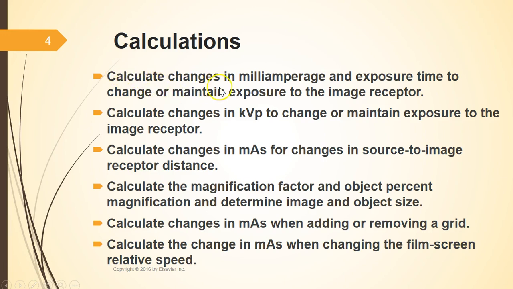You're going to have to talk about changes in mA and time, changes in the kV, changes in mAs as it relates to source to image receptor distance, then the magnification factor, percent magnification, and then determining image and object size. Also, we're going to talk about how to calculate a change in mAs when adding or removing a grid. Now, this last one is calculating the mAs when we change film screen speed, we will not have to go over that one.